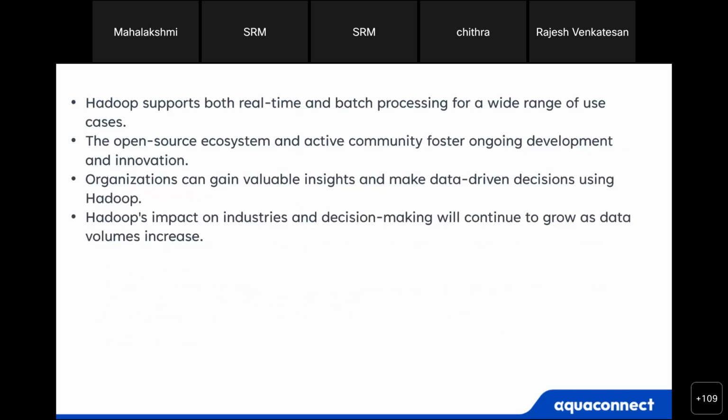With the open source ecosystem and an active community focused on ongoing development and innovation, organizations can gain valuable insights and make data-driven decisions using Hadoop. Yes, as we already discussed, a lot of companies are using Hadoop to handle their big data. Hadoop's impact on industries and decision making will continue to grow as data volume increases.